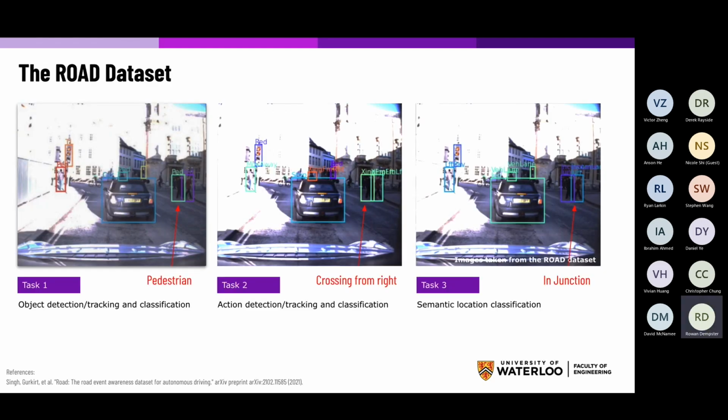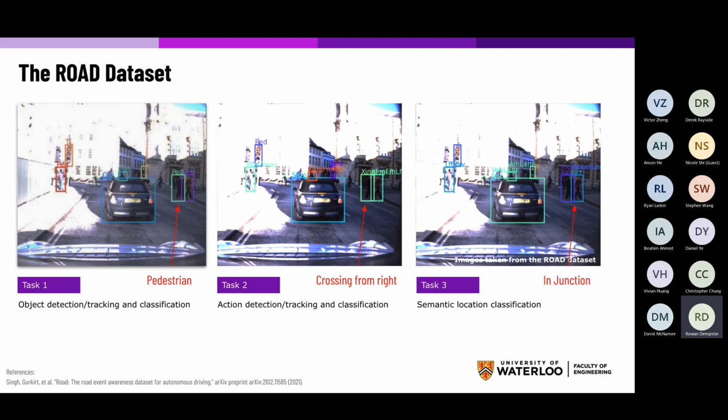So the ROAD data set actually can be used for 3 different tasks. The first one is what's been studied well over the past decade, which is detection, tracking, and categorical classification. So I think we're all familiar with that.